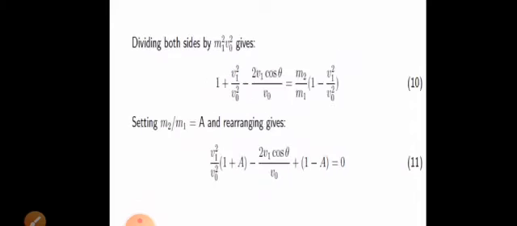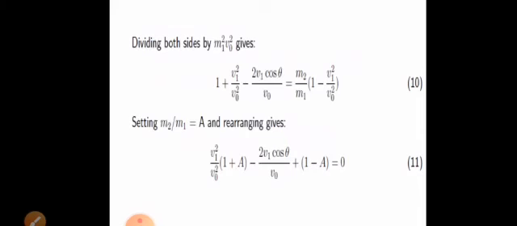Okay, so you'll be getting equation number 9. Then the whole equation is divided by m1 square v0 square. While you divide by m1 square v0 square, you will be getting 1 plus v1 square by v0 square minus 2 v1 cos theta divided by v0 minus m2 by m1 into 1 minus v1 square divided by v0 square.